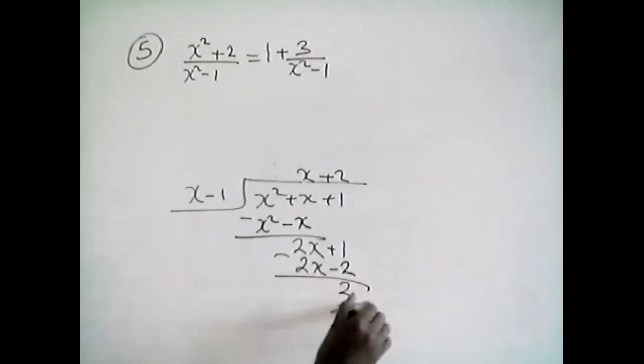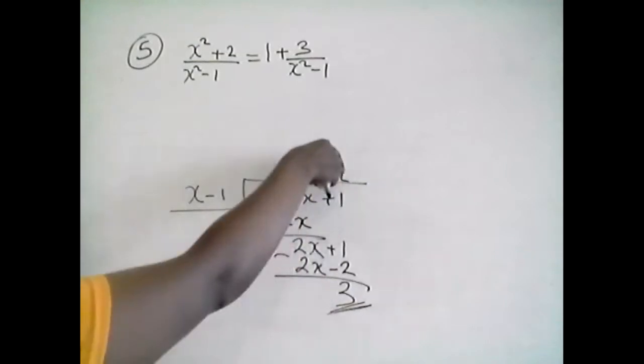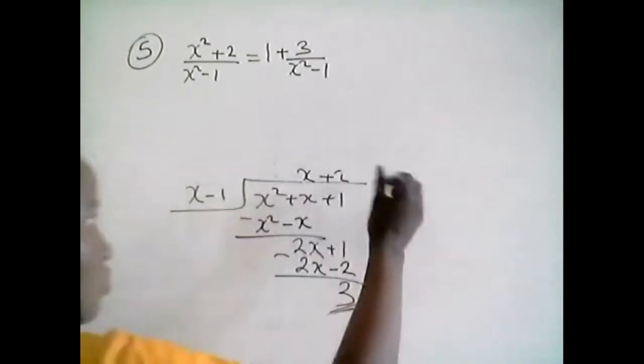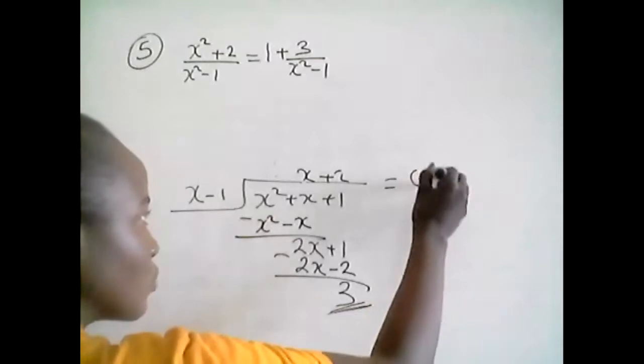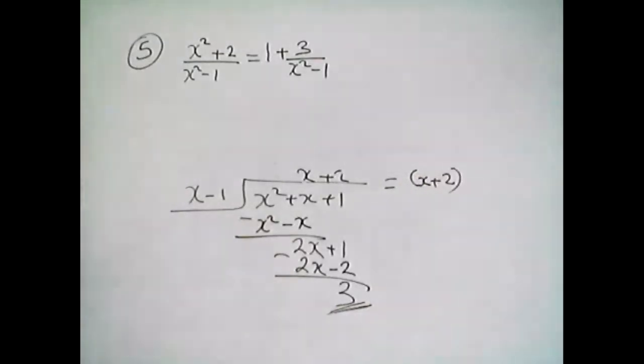So this 3 that is here is our remainder. Since this is our remainder, we have found this part here as the factor. So it will be x plus 2 as our factor.